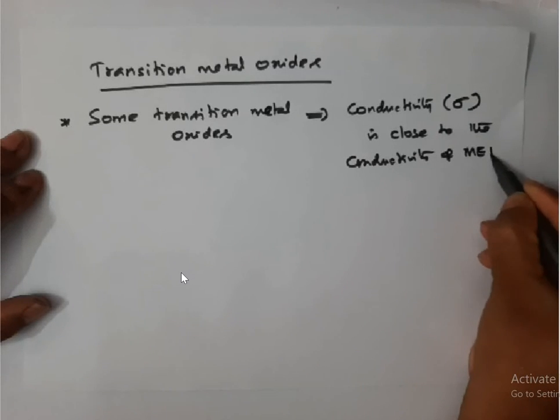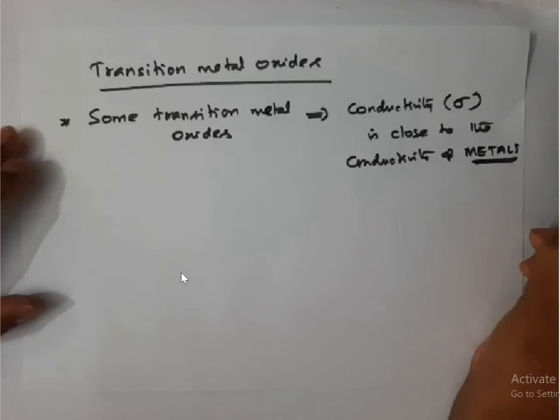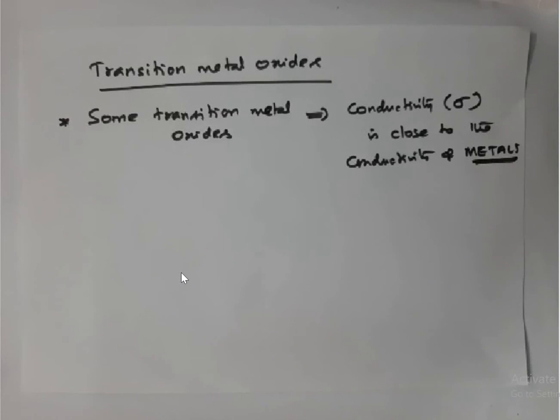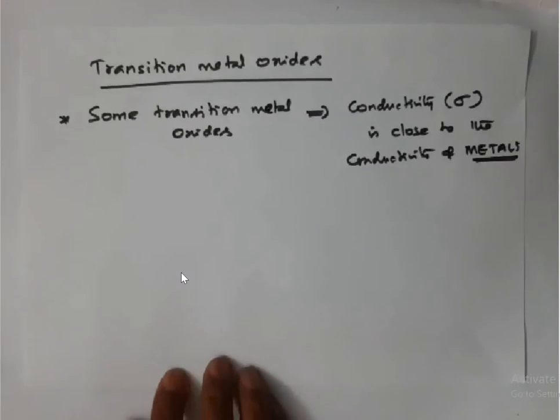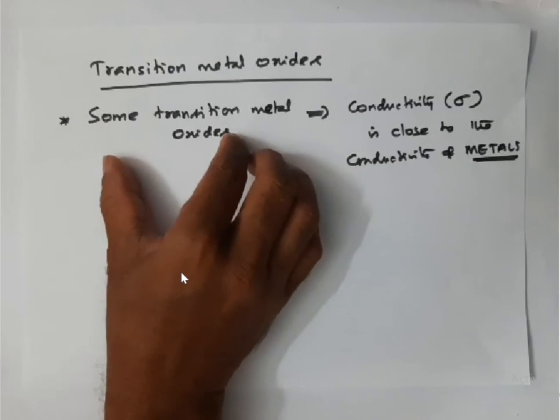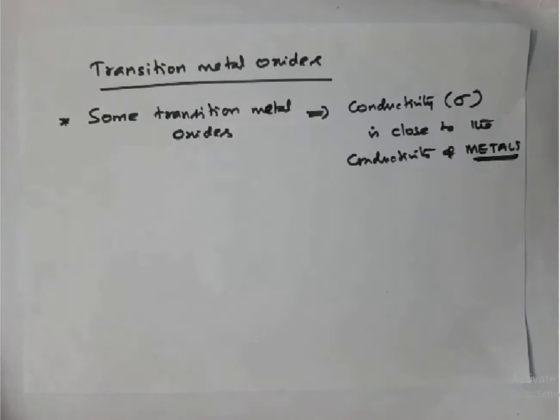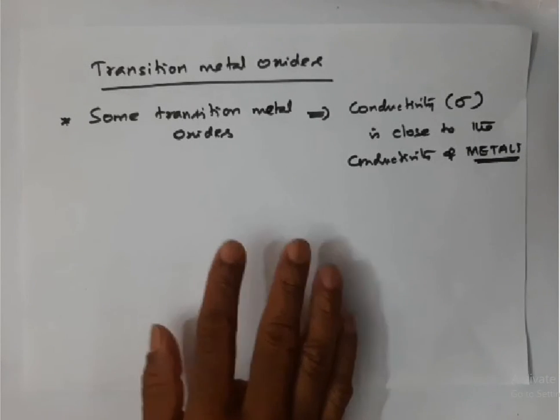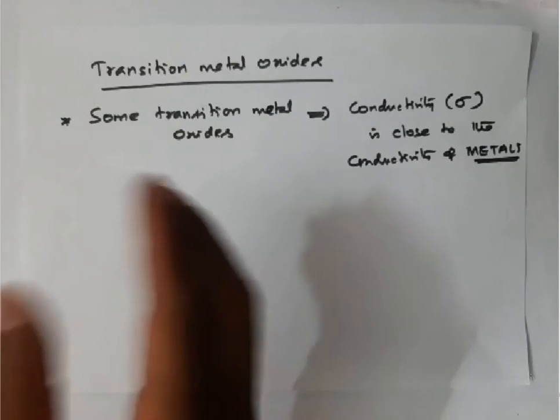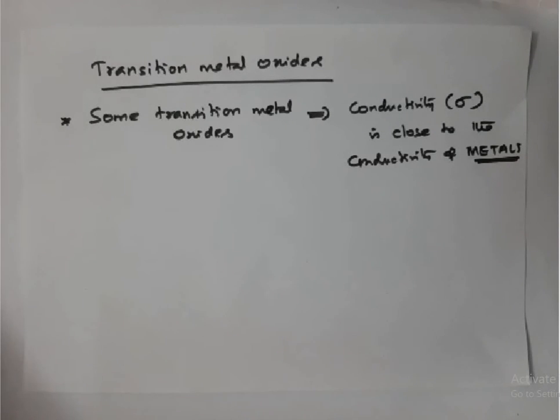You know very well metals have very high conductivity. They are all good conductors. But some transition metal oxides have conductivity close to that of metal. This is very, very important. A lot of research is going on nowadays to synthesize or fabricate these oxides and to produce modern devices.